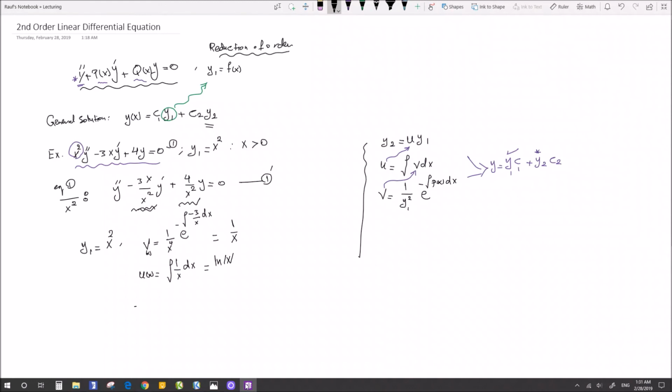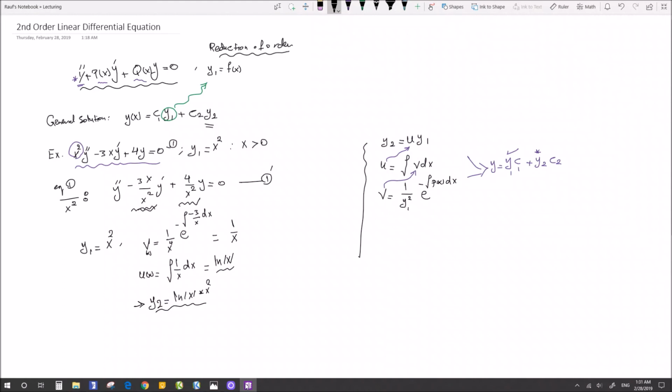So y2 equals u, which is ln the absolute value of x, multiplied by y1, which is x squared. So now we found our y2.